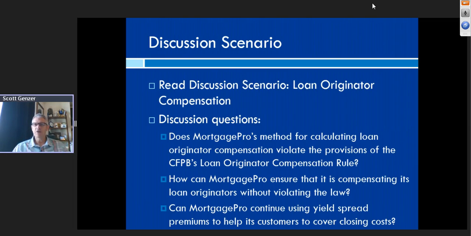All right, so now the discussion scenario. Is Mortgage Pro's method for calculating creditor or originator's compensation right or wrong? Did we read that on page 330? That's what I thought we were doing, my bad.